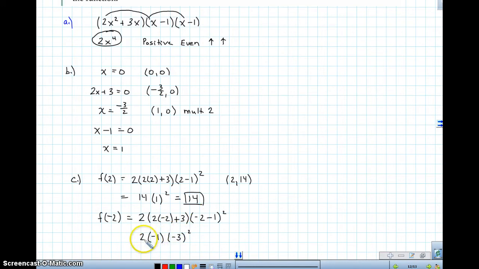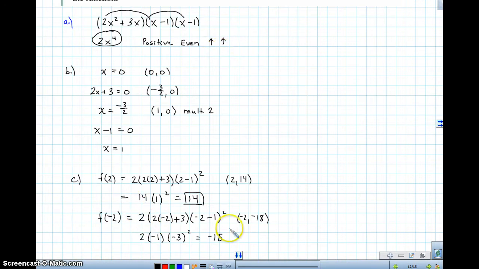This is 9 times negative 2, it's going to be negative 18. So when we go to negative 2, we get negative 18. So there's just some other points, and we can see that the numbers are starting to get large. So if we plugged in 3 and 4, we know that at the ends it's going up to positive infinity.